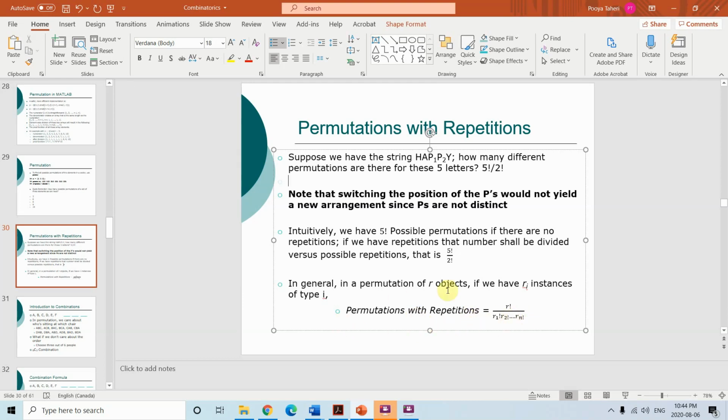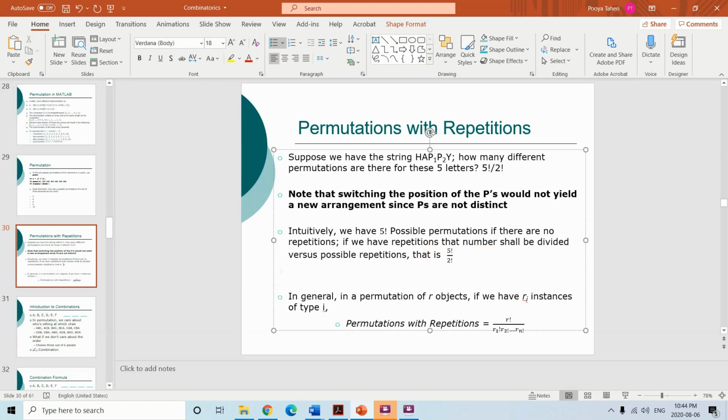To show you an example of this, there's a very famous example. Say, in the string Mississippi, how many different permutations of the letters can we have? There are 11 letters, 1 2 3 4 5 6 7 8 9 10 11.